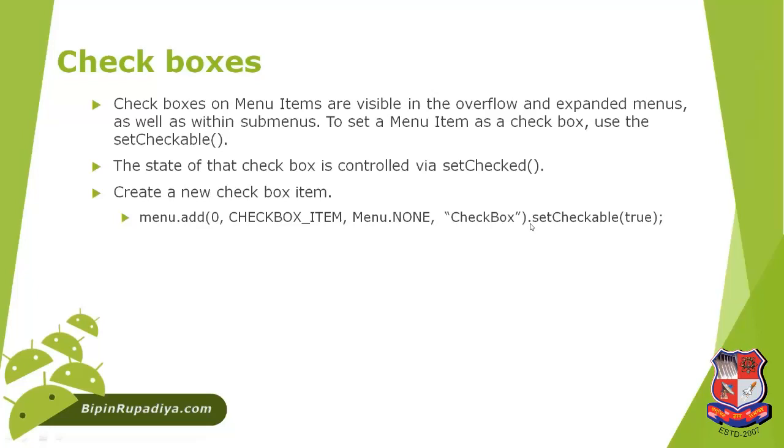See, menuItem.setCheckable(true) means you can check this item, so it becomes a checkbox. So the checkbox is checked right here with the help of this. That is how you can create a checkbox as a menu item, which we have discussed here.